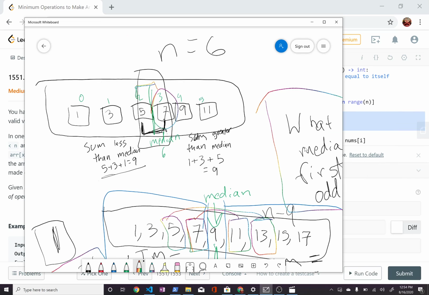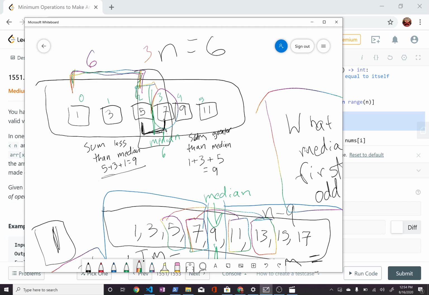So I guess I'll just draw that once just to be perfectly clear. Here our median is 6, so we're going to iterate through the first halfway point, or while i is less than the halfway point, which is 3. And we just take the difference between median and the value here.